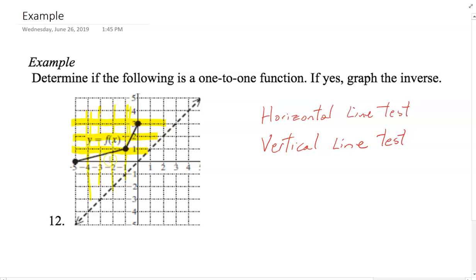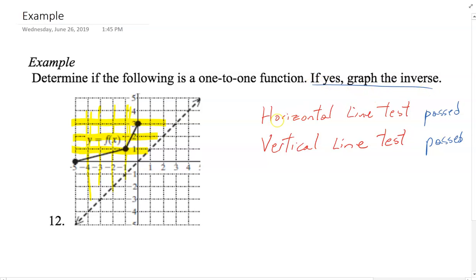That means the horizontal line would hit it in only one place as we go up and down, and the vertical line would hit it in only one place, going from left to right. So the horizontal line test in this case, for that graph, is passed, and the vertical line test is passed.